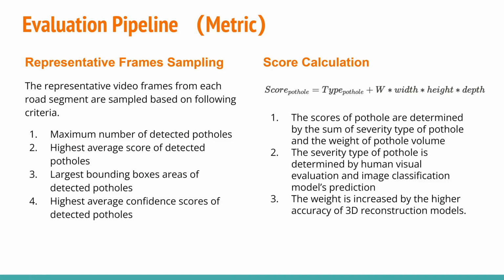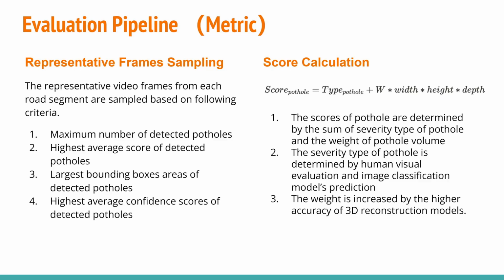The representative video frames from each road segment are sampled based on the following criteria. First is the maximum number of detected potholes, second the highest average score of detected potholes, the third is the largest bounding box areas, and the final one is the highest average confidence scores of each detected pothole.